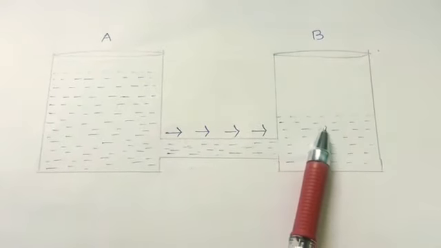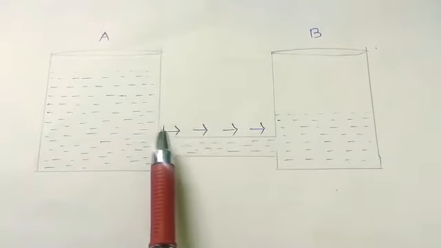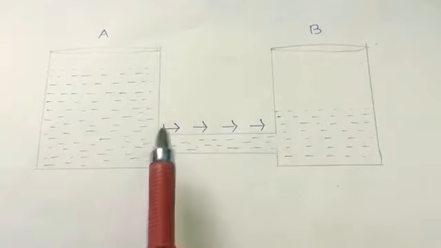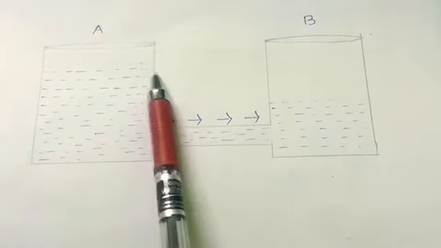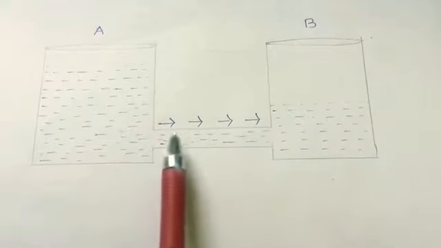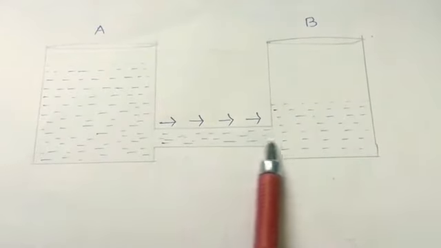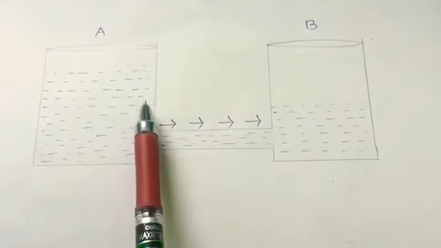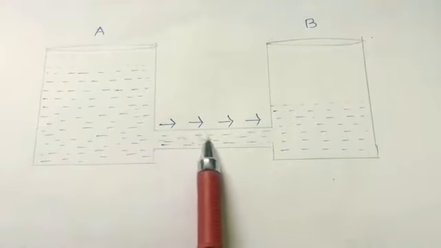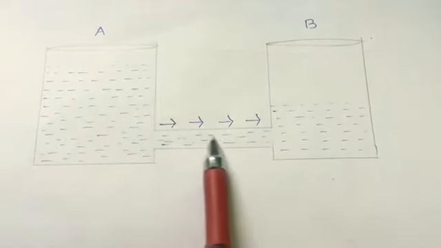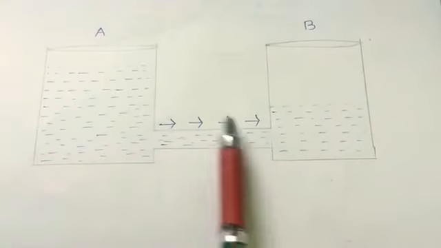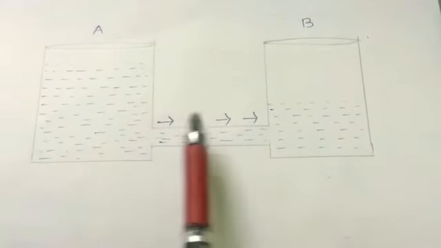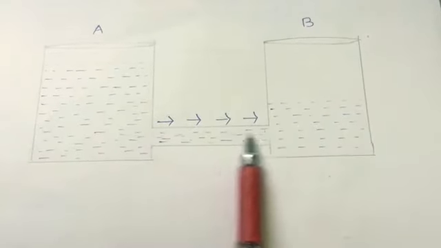Now by nature, you have experienced the thing. When there is high and there is low, if I connect one pipe here, then this water will move this side, isn't it? From high to low the water is moving.